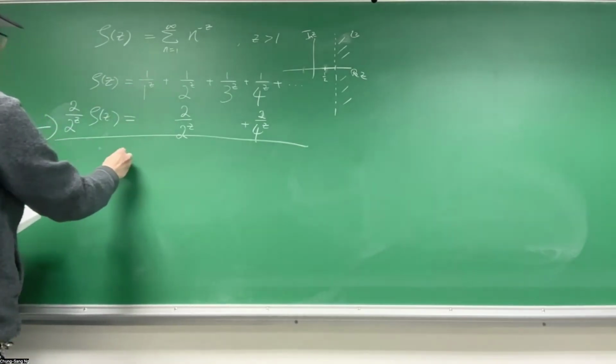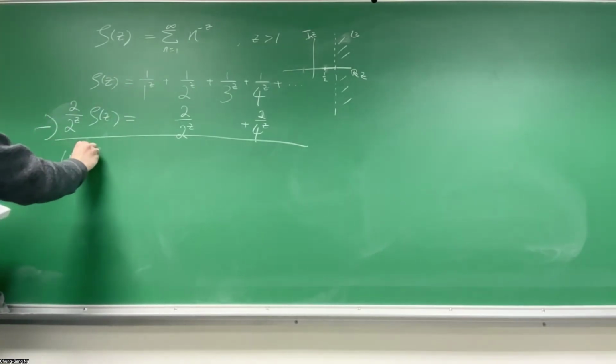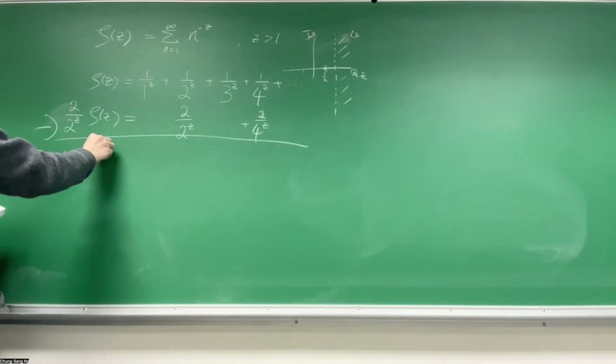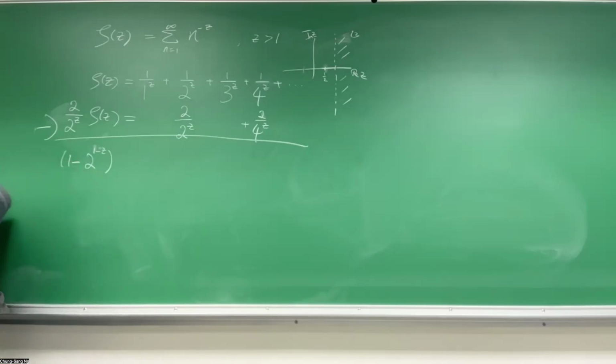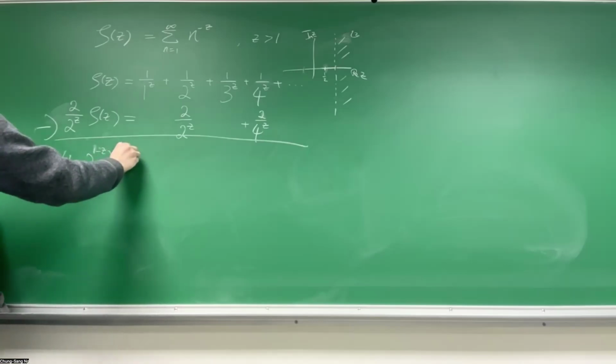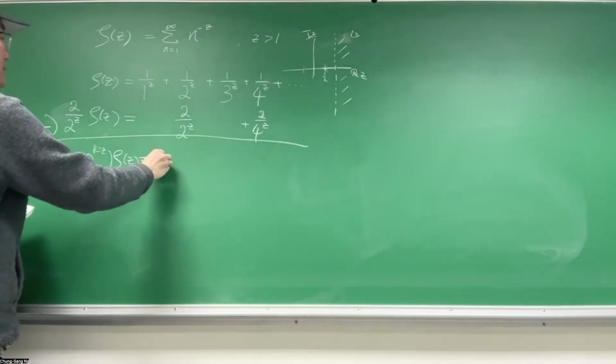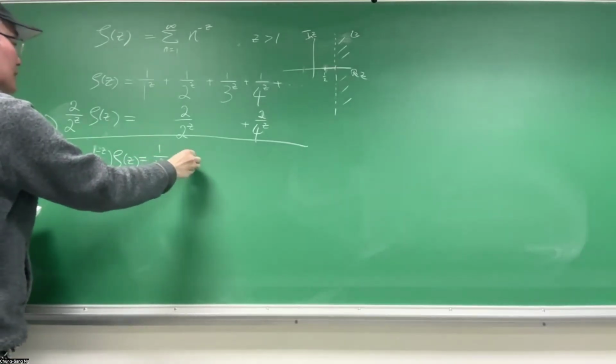And then we get 1 minus 2 to the 1 minus z, multiplied by zeta z, now equals 1 over 1 to the z.